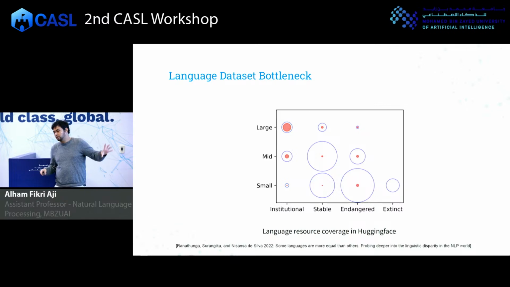The blue circle shows how many languages belong to each cluster, and the red one shows whether the resource is available from Hugging Face. Hugging Face, for those who are not familiar with NLP, is one of the most popular places to go. Basically, if you are looking for models or datasets, you go to Hugging Face. This is the coverage. We cover a lot of the large institutional languages, like English, but the others are left behind.